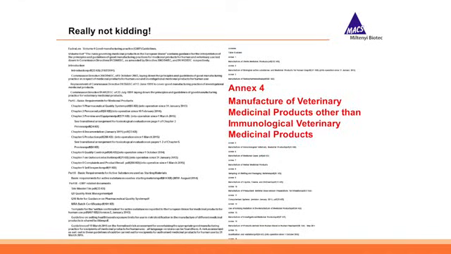And as you might, of course, be able to consider for yourself, if there are guidelines for the manufacturing of other than immunological veterinary products, you will most likely also find guidelines on the manufacturing of immunological veterinary medicinal products. So once again, it's more or less all in there.